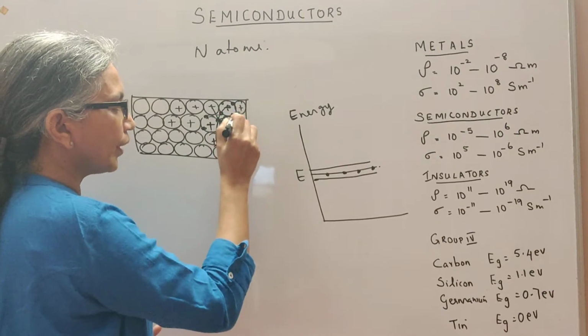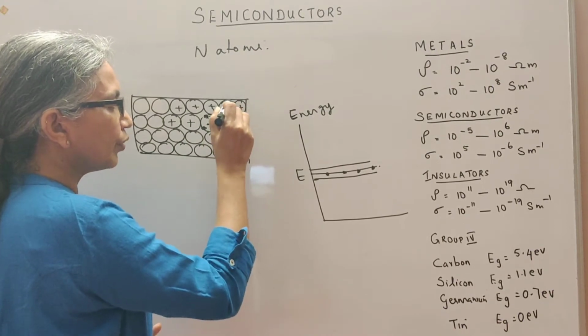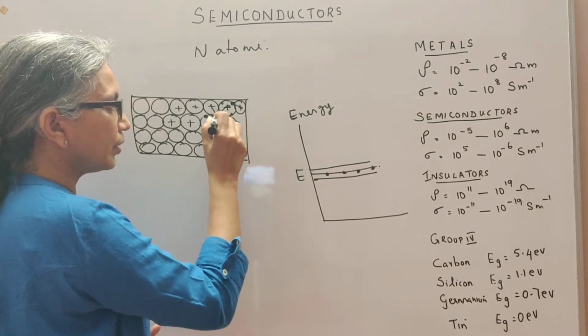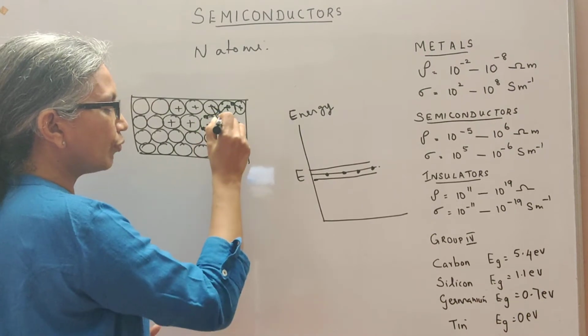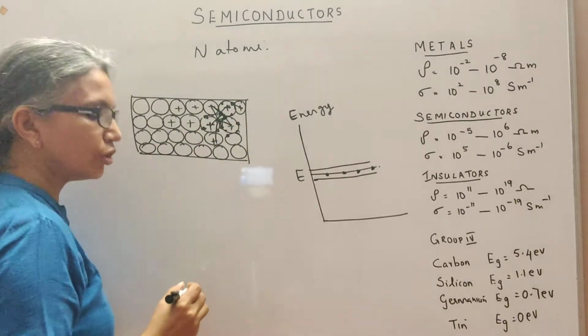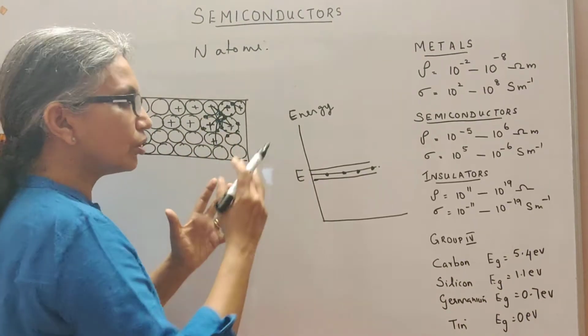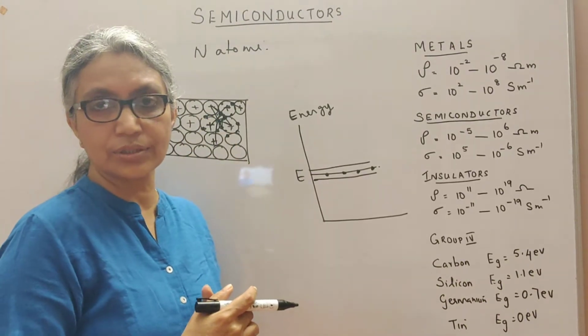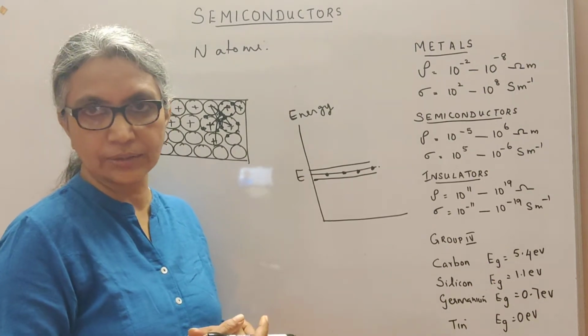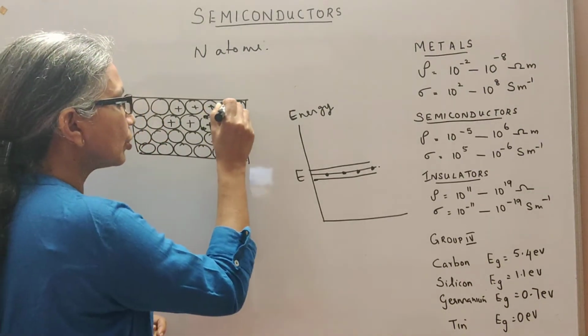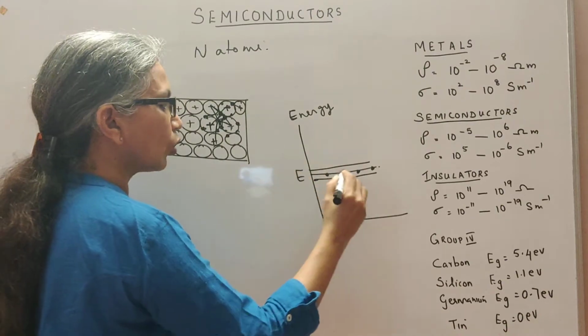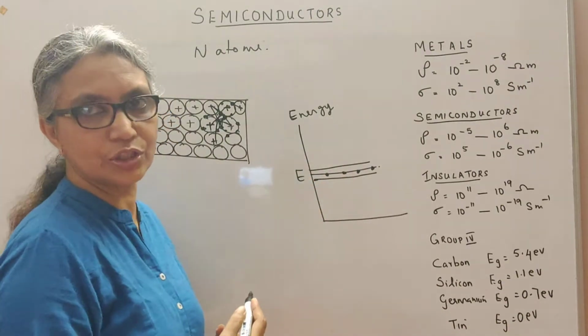Because there is only one atom here, the number of interactions it will undergo is lesser, but this one will undergo interaction with a lot of other nuclei and electrons. So each of these valence electrons undergoes different interactions depending on the neighboring atoms, and therefore each of these 4 electrons will acquire different energy levels.